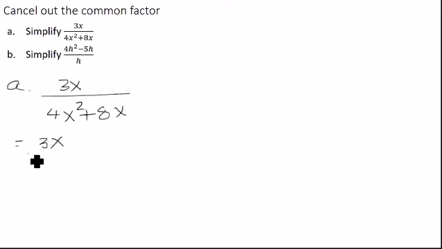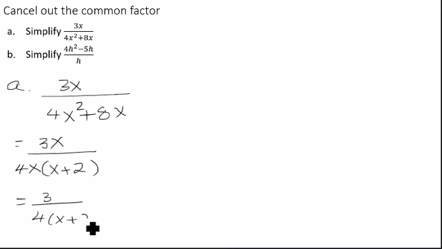So it's going to become 3x on the top, and on the bottom you have 4x as a common factor, and what is left on the first term is x, and the second term, not minus, it's a plus basically, is going to be 2. And now you can cancel these common factors and write this as 3 over 4 times x plus 2.